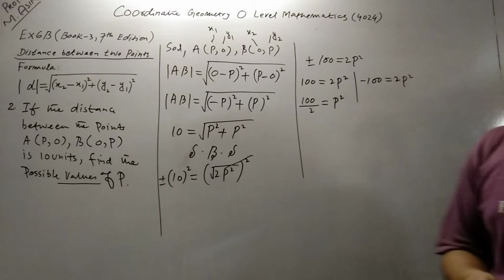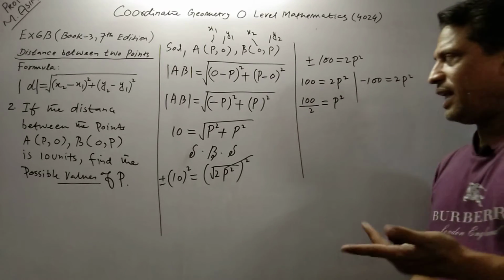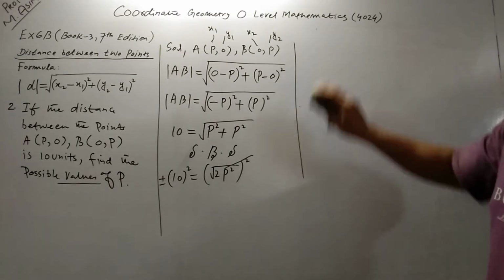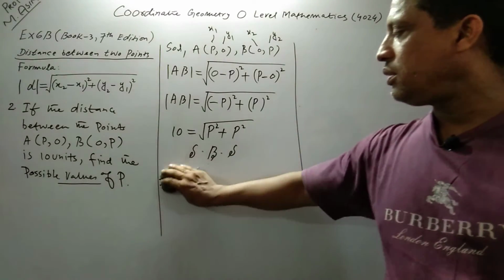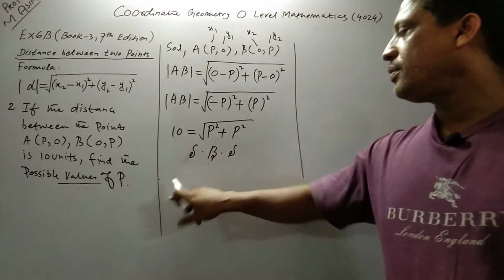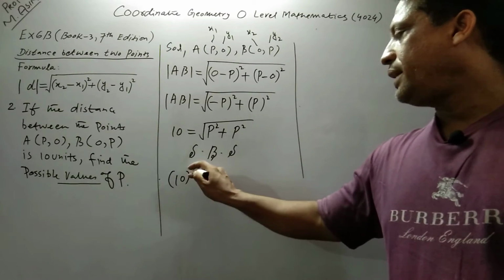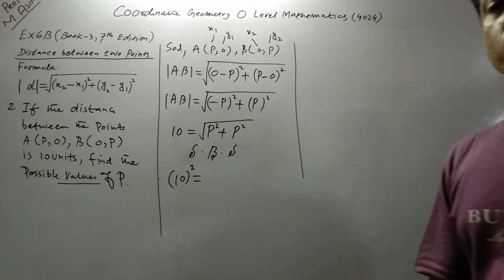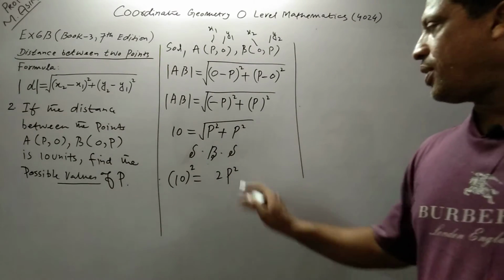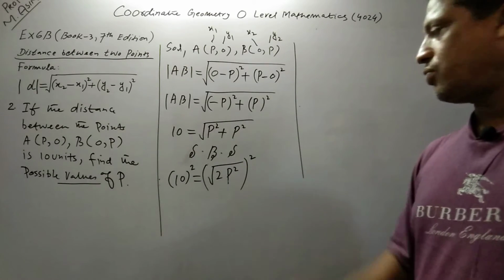Or another method, it seems to be lengthy. Another method is taking squaring on both sides. 10 square is equals to p square plus p square, what is that? 2p square, root square.